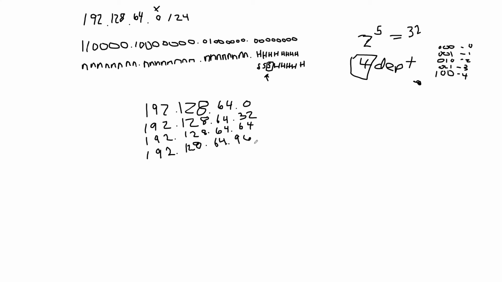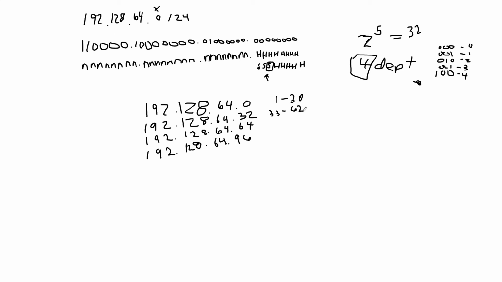So these are the network ranges that we can use now. So what I can do is on my first network, I can use the numbers 1 through 31 or 1 through 30 for my computers. My next network range, I can use the numbers 33 to 62.